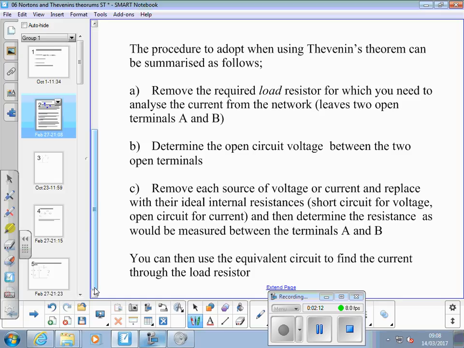First of all, the first thing to do is to remove the required load resistor, and find the open circuit voltage. The open circuit voltage is equal to your Thevenin voltage.